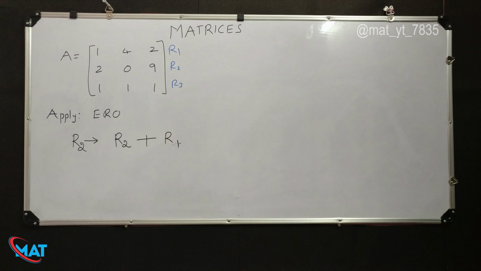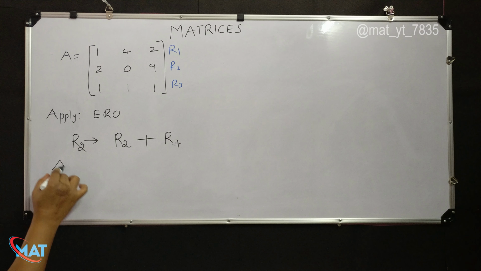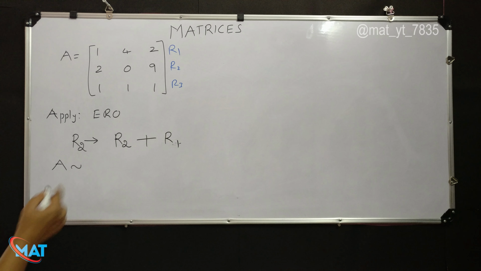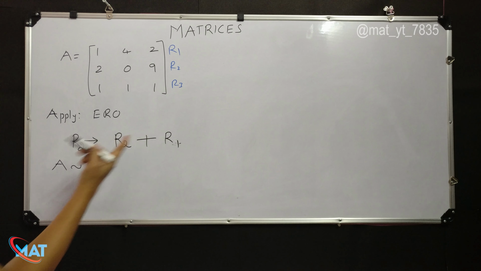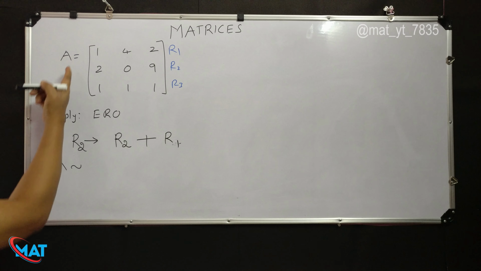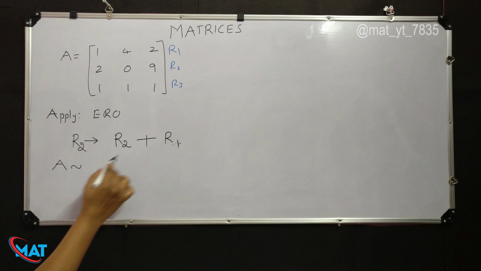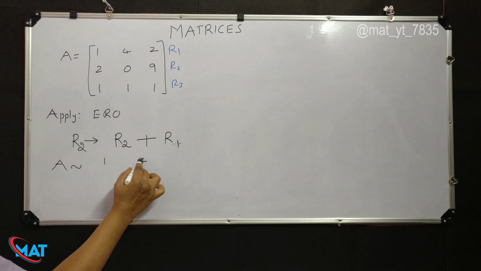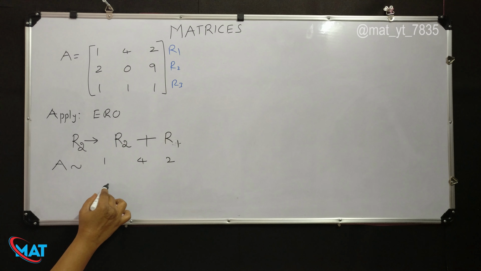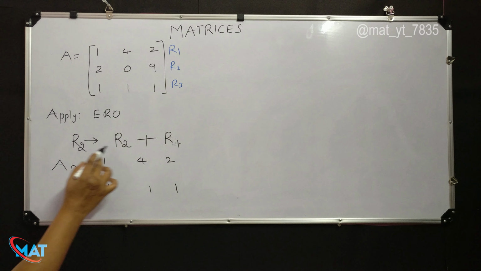If you apply this on this matrix, the new matrix will be like this. Whenever you apply ERO or ECO, the changing row you have to show like this. Here row 2 is going to change, so row 1 remains as it is and row 3 remains as it is. Now what is the operation here?